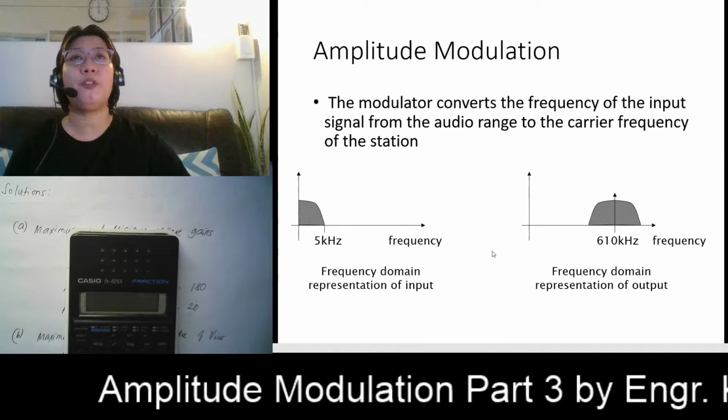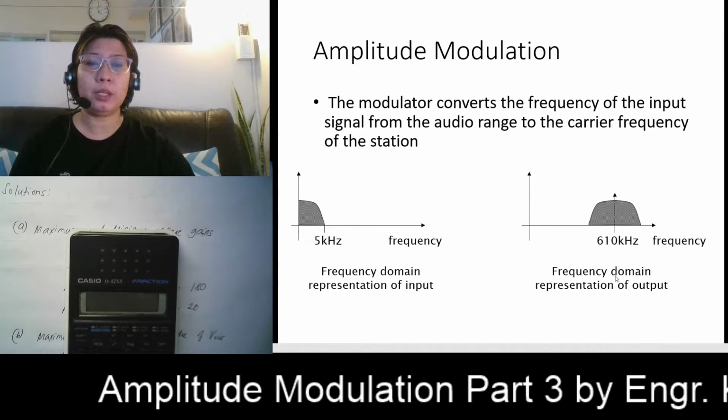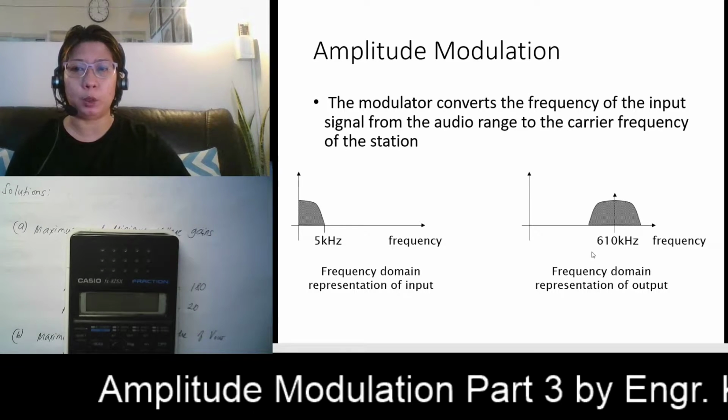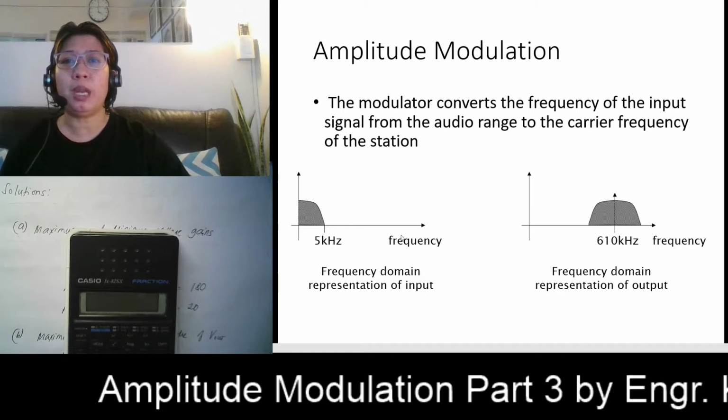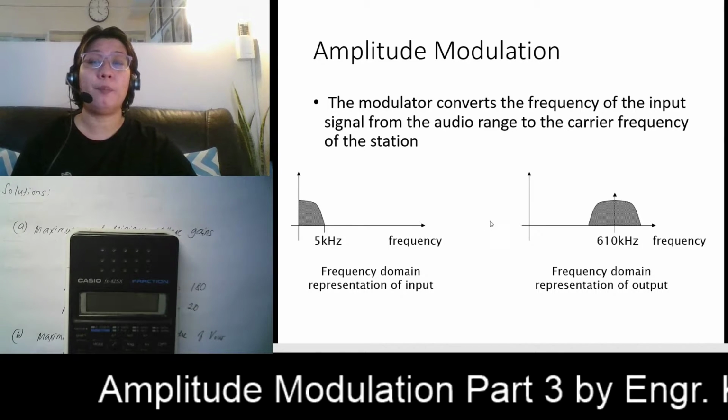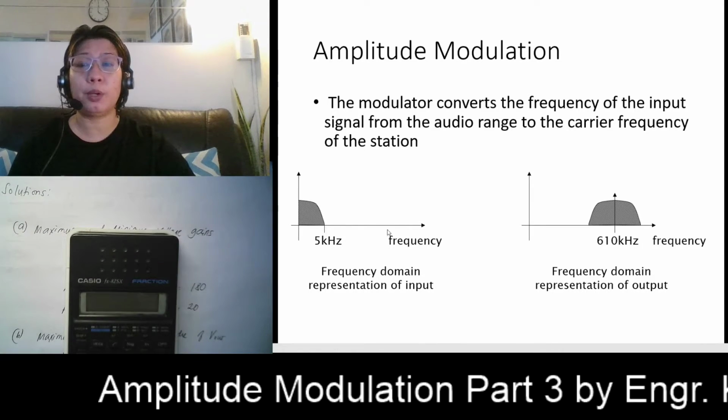This is the frequency domain representation of your input, and this is the frequency domain representation of our output. From your low frequency range, your modulator converted it to a higher frequency, which is the frequency of your carrier signal.